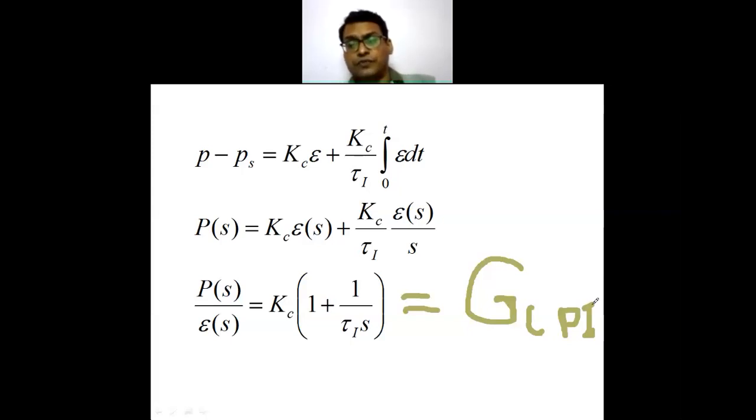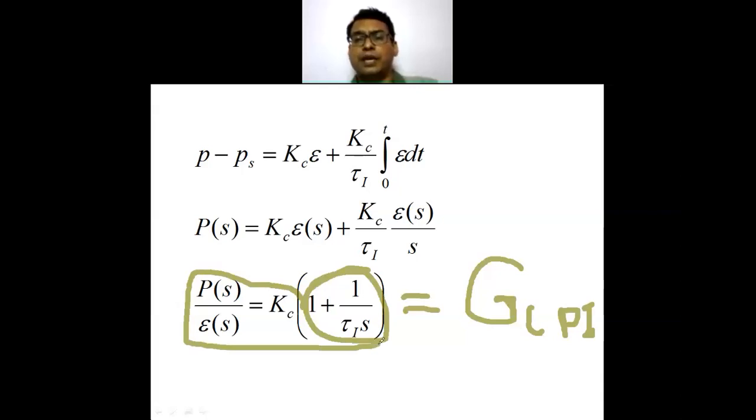So transfer function for proportional integral controller is PS upon ES, which is equal to Kc into bracket 1 plus 1 upon tau i s. This is the transfer function for the PI controller.